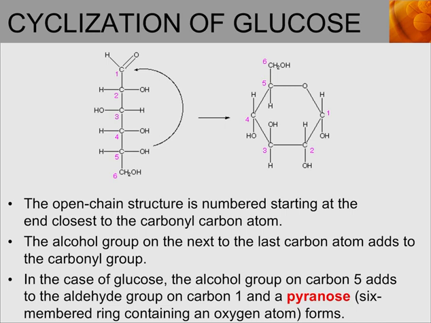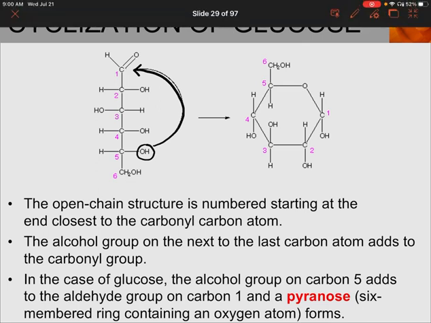Now, the OH group on the second to last carbon is going to attack the carbonyl carbon, the number 1 carbon. So that is going to create a 6-membered ring. And in particular, notice that the oxygen in the OH group ends up in the ring as one of the 6 members.